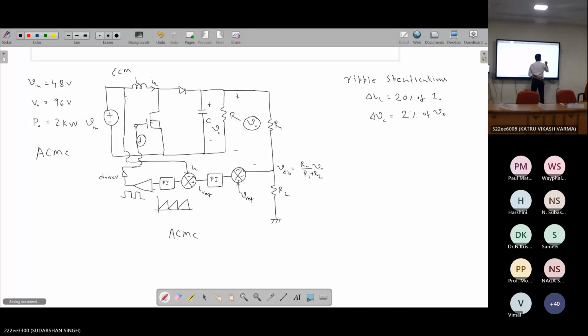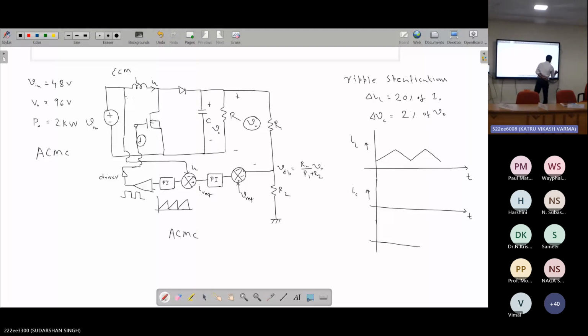So if I draw the inductor current in steady state, and then what will be the corresponding IC and what will be the corresponding VC.